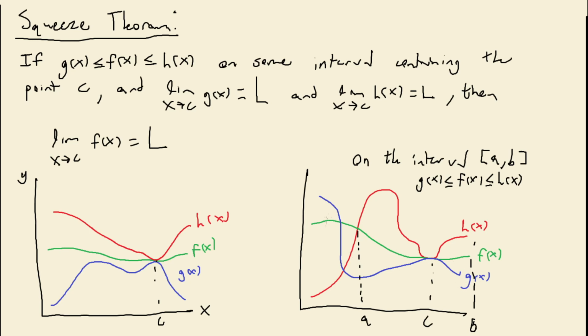And here you can see that even though g of x is greater than h of x at this point to the left of A, on this interval from A to B, the value of h of x is greater than f of x, which is greater than g of x. And you can see that here.